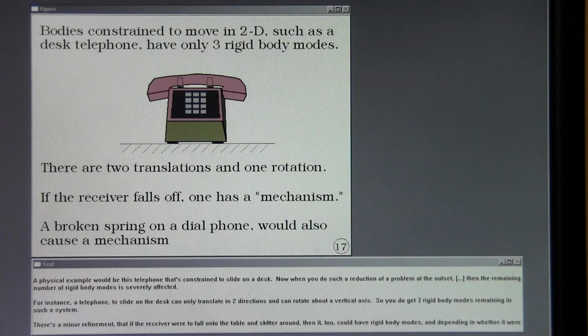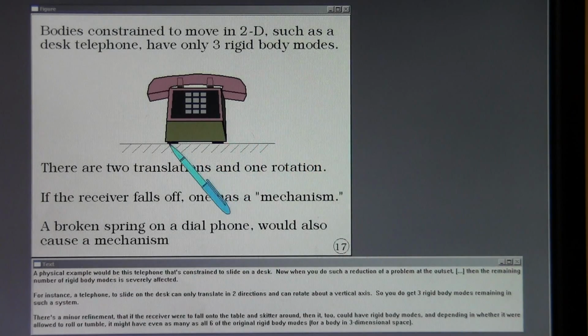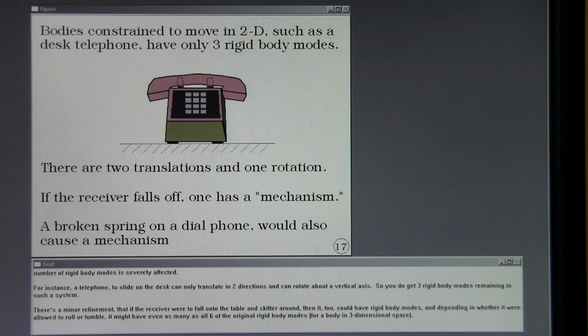Now, when you do such a reduction of a problem at the outset, then the remaining number of rigid body modes is severely affected. For instance, a telephone to slide on a desk can only translate in 2 directions and can rotate about a vertical axis. So you do get 3 rigid body modes remaining in such a system.